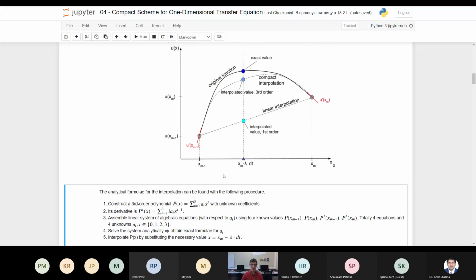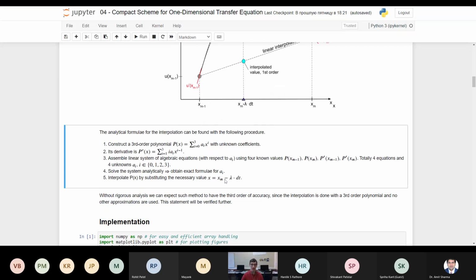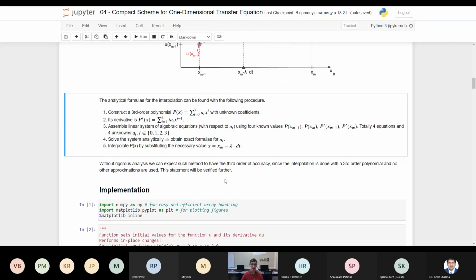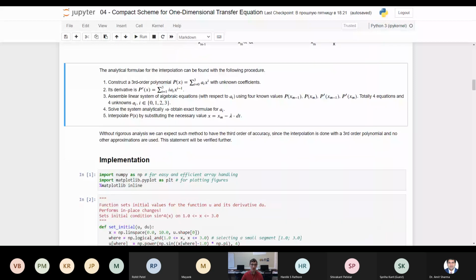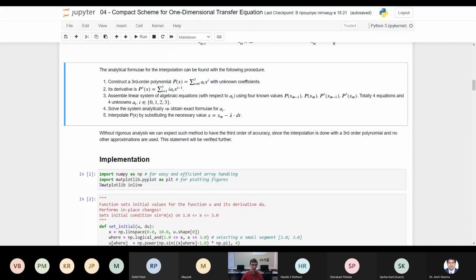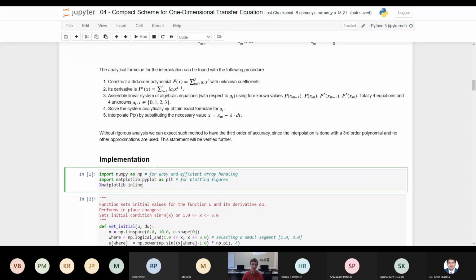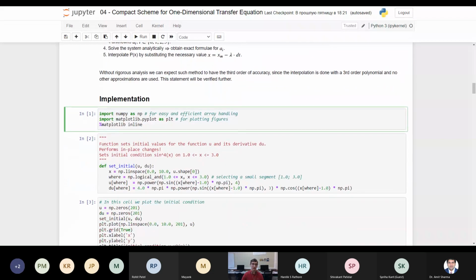So I hope this is clear, and now we can discuss the implementation, which may provide some further explanation and intuition into it. So we start with simply importing several libraries.